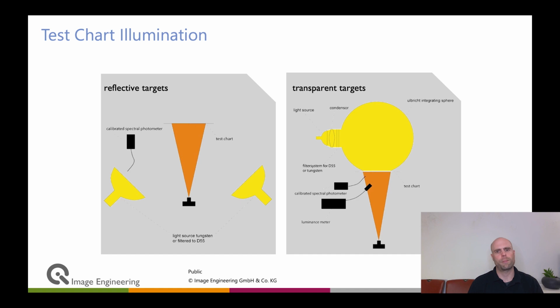Transmissive test targets are back illuminated, so you need a light source that can do that, that will be uniform, back illuminates the test target, and then provides different luminances to the camera or to the device under test.